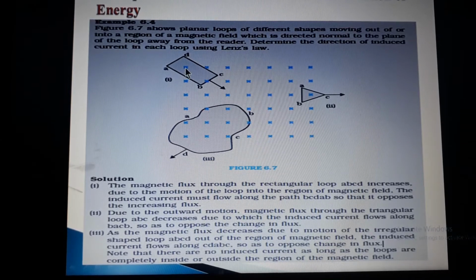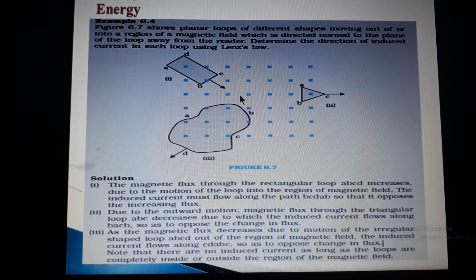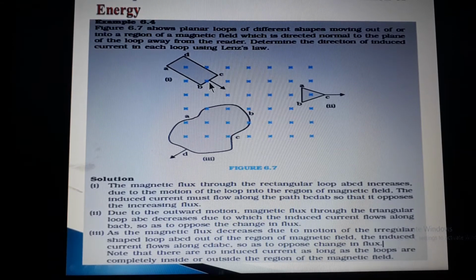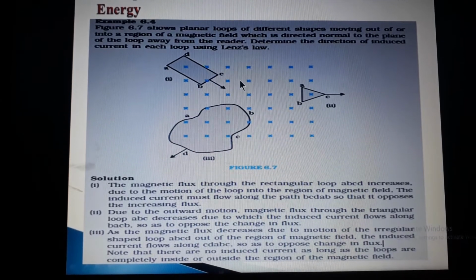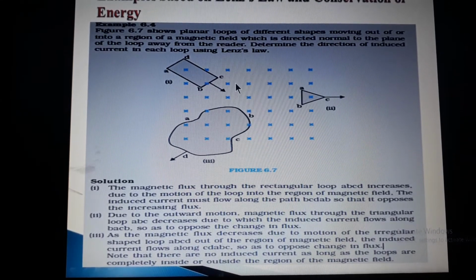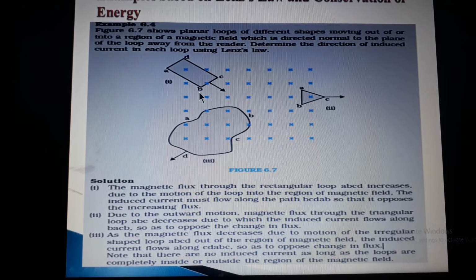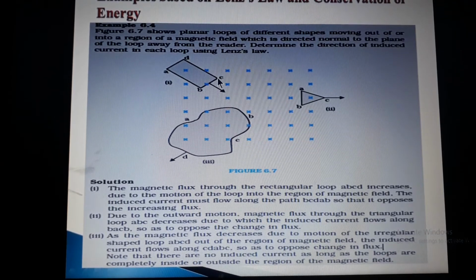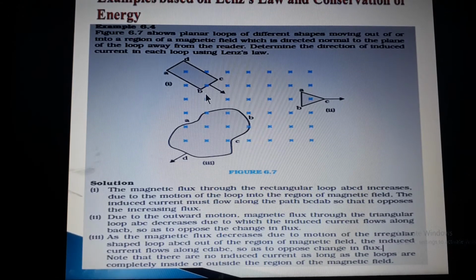Using Lenz's law, the current flows in the counterclockwise direction, which means CDAB. Counterclockwise means anti-clockwise.